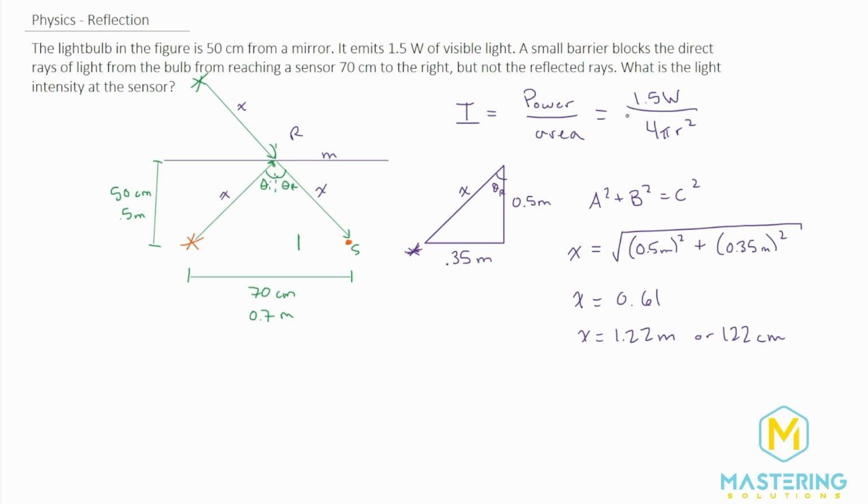And now we can come back up to our equation up here and finally solve for what we need, the intensity. So we have 1.5 watts divided by 4 times pi times the radius, which we said is 1.22 meters squared.